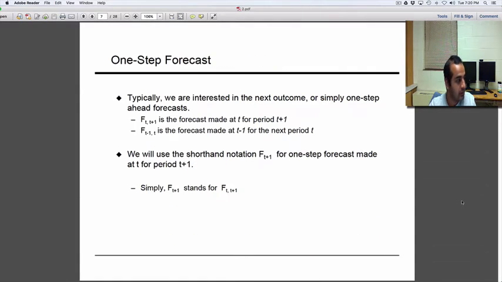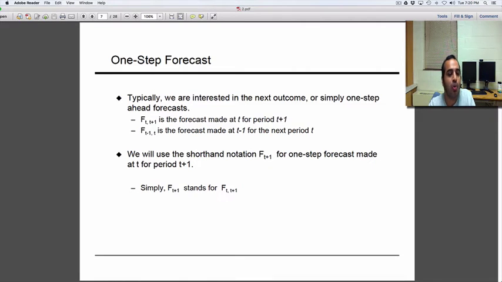Just looking at another example, F_T-1,T is the forecast made at T minus 1 for the next period T. To simplify things, we'll use the shorthand F_T+1 to say that it is a 1-step forecast made for the period T plus 1.